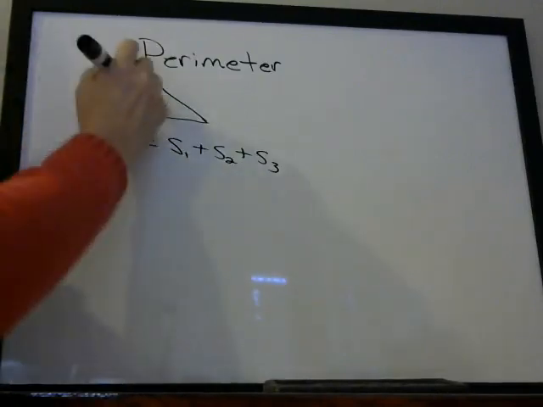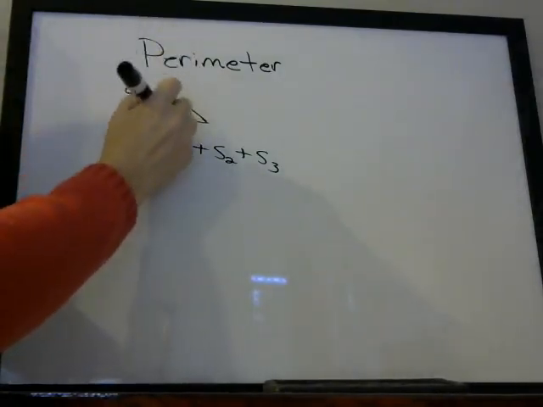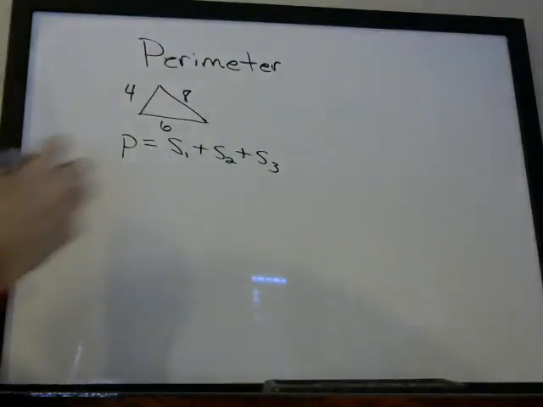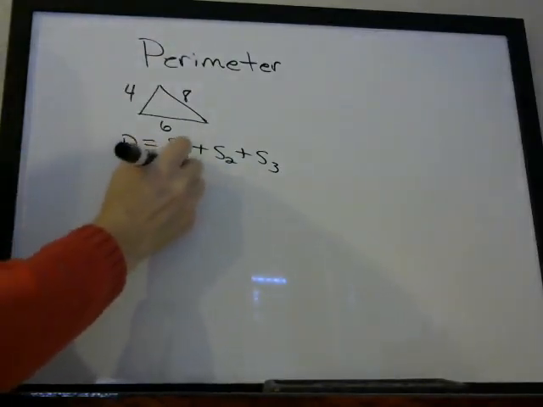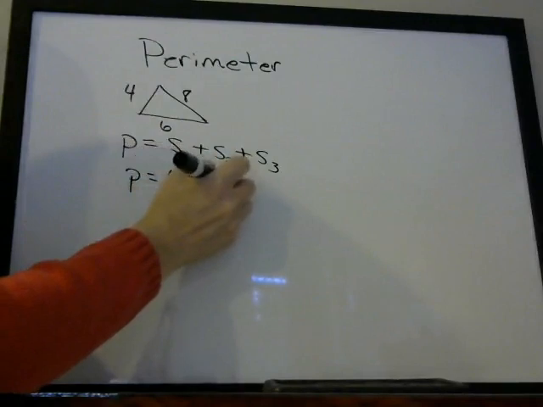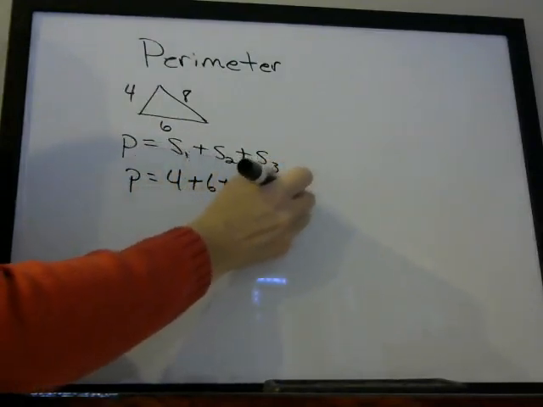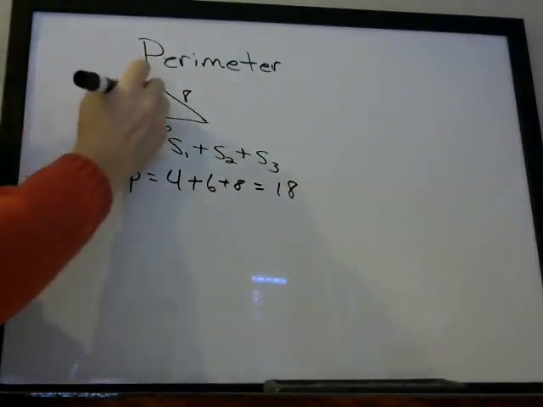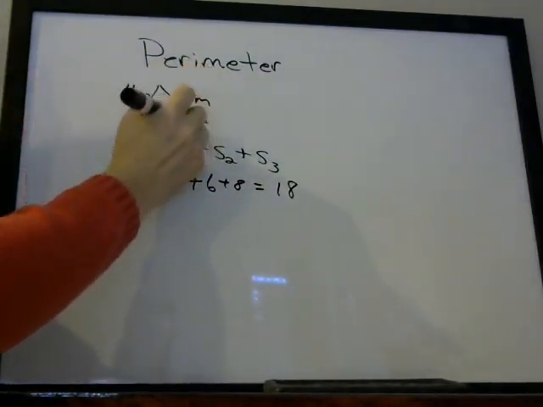So let's say you have 4, 6, and 8. So the perimeter of this triangle is 4 plus 6 plus 8 equals 18. Now, in most perimeter problems, there will be some sort of unit of measure. So it might be meters, let's say.